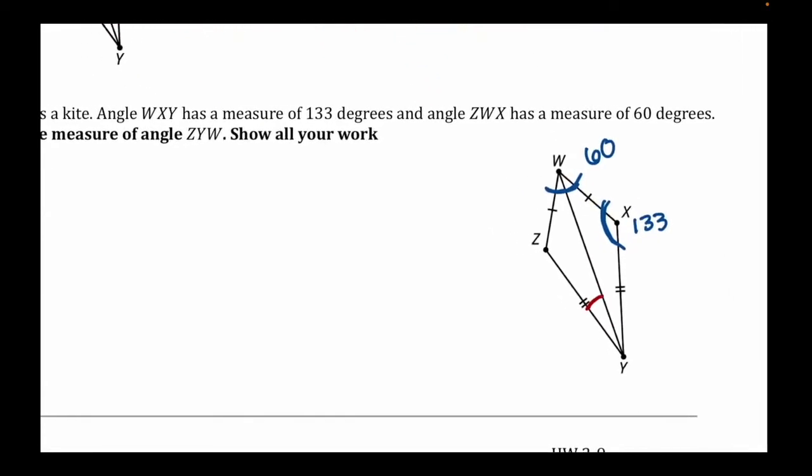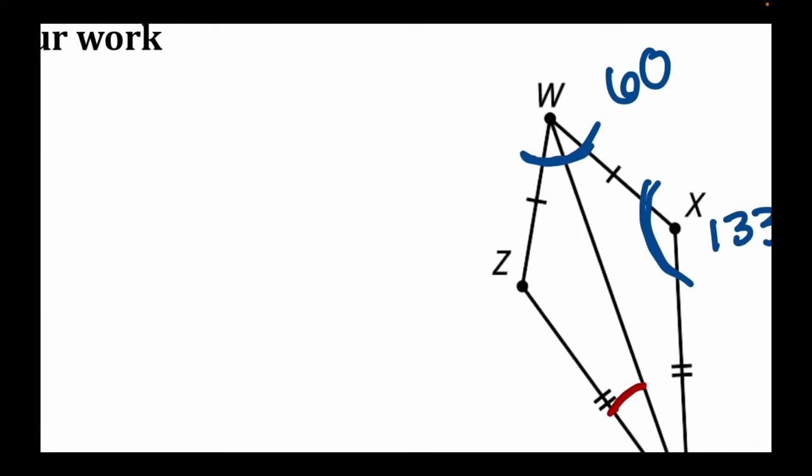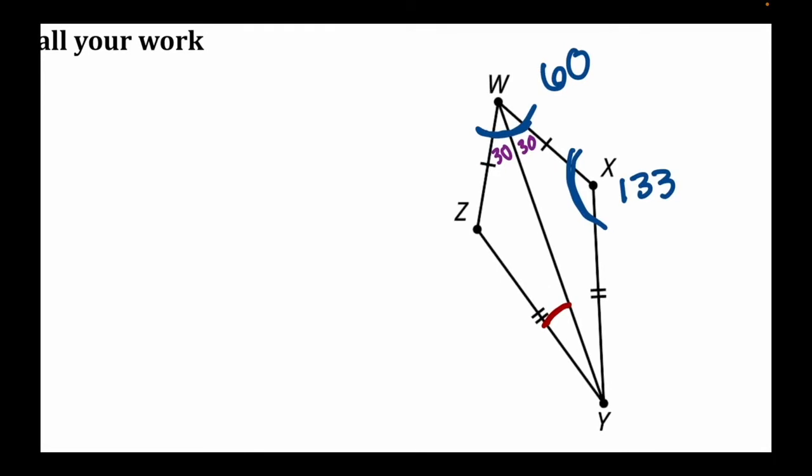So those two previous questions actually play an important part in this, because that means my 60 can get cut in half and be 30 and 30. It also means this 133 is going to correspond over here and also be 133.